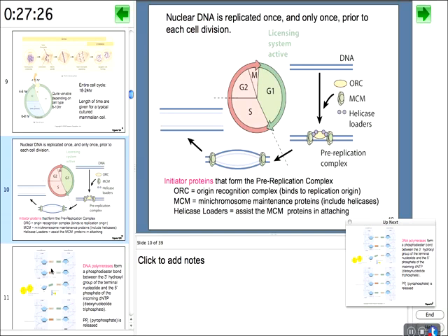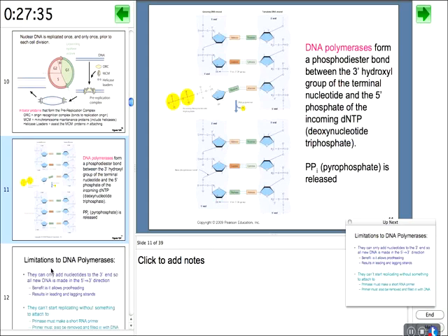All right. Now, once those proteins have attached, DNA replication is really carried out by what we call polymerases, DNA polymerases. DNA polymerases are the actual enzymes that read one strand of DNA and synthesize a complementary anti-parallel other strand.